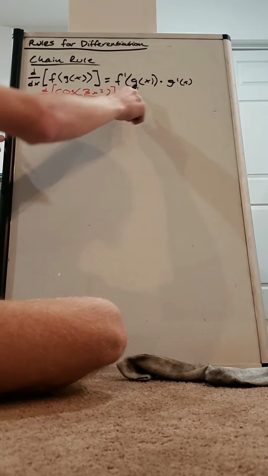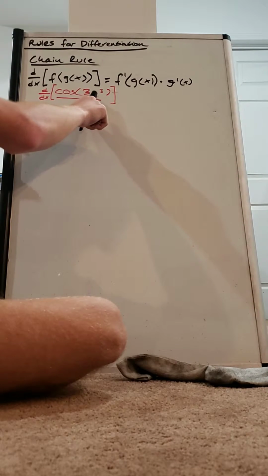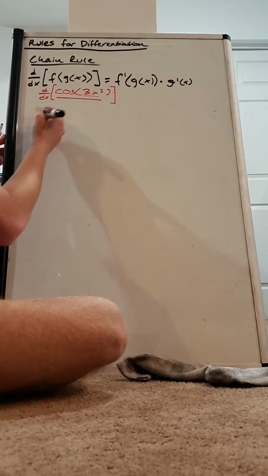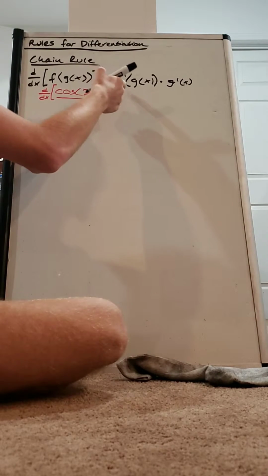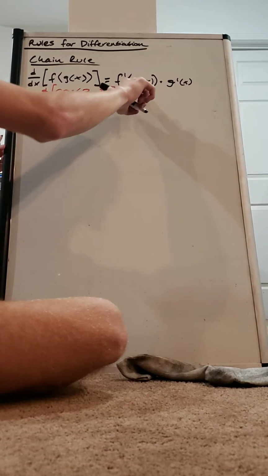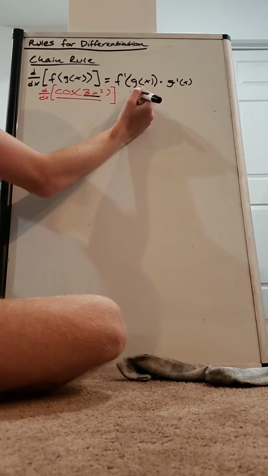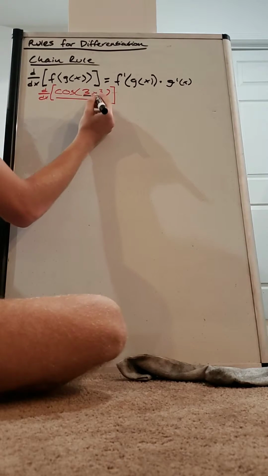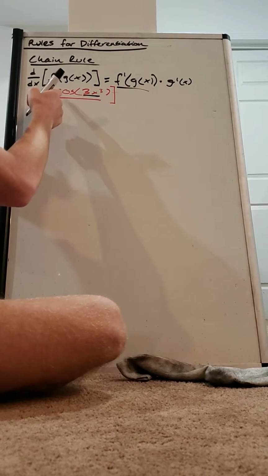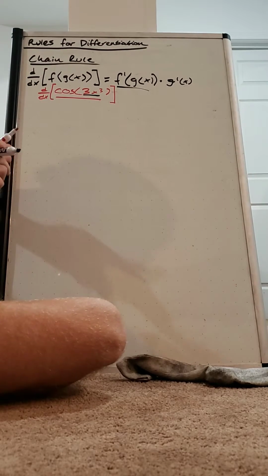So your g of x would be this 3x cubed, and your f of x would be cosine of x. If you were doing this, you would leave this 3x cubed how it is for the first term, and only differentiate the cosine.